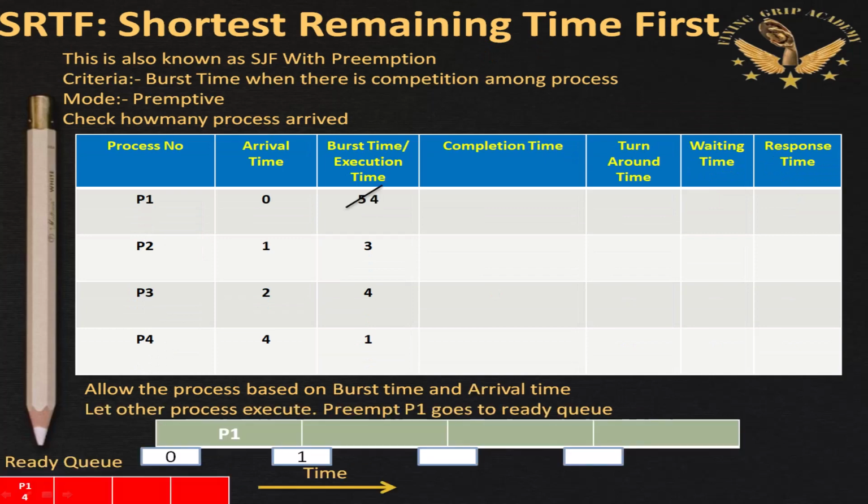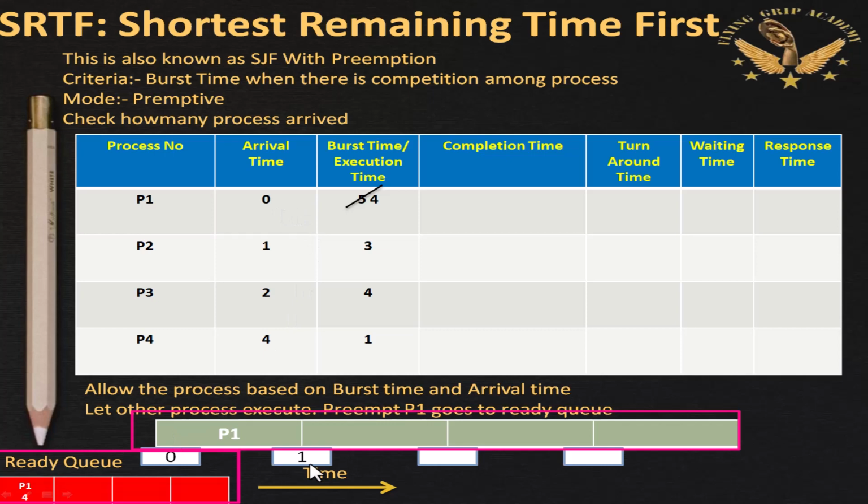So now from the ready queue, process P1 has arrived. If you consider, there are 2 queues: this particular queue is called the ready queue and this one is called the running queue. P1 has arrived at time 0, so it will execute for one unit of time.